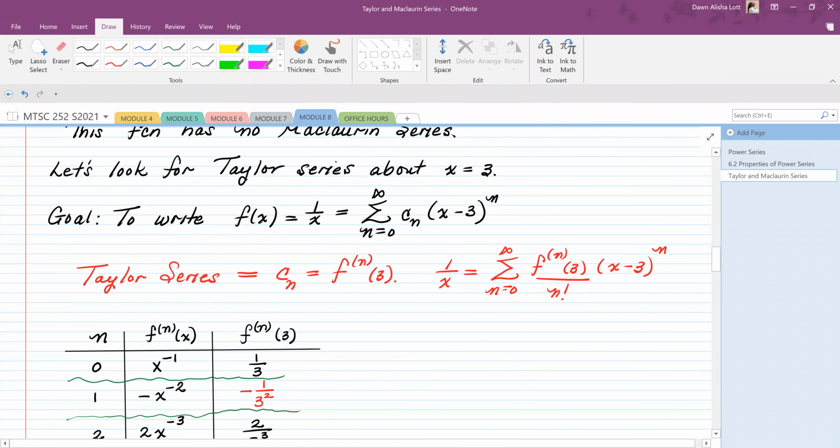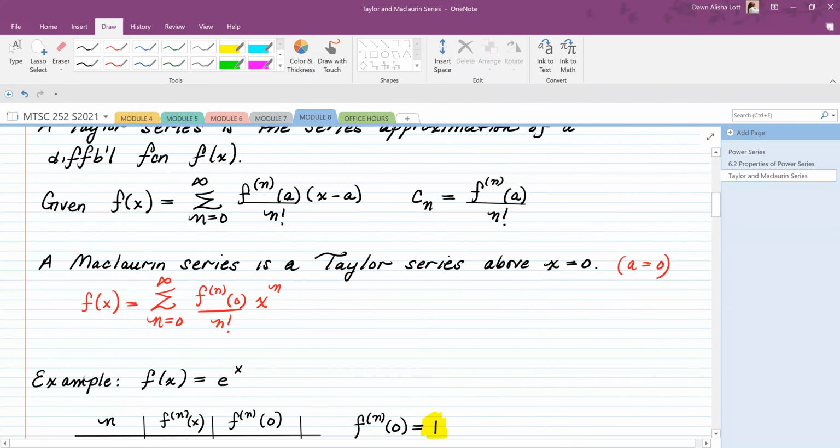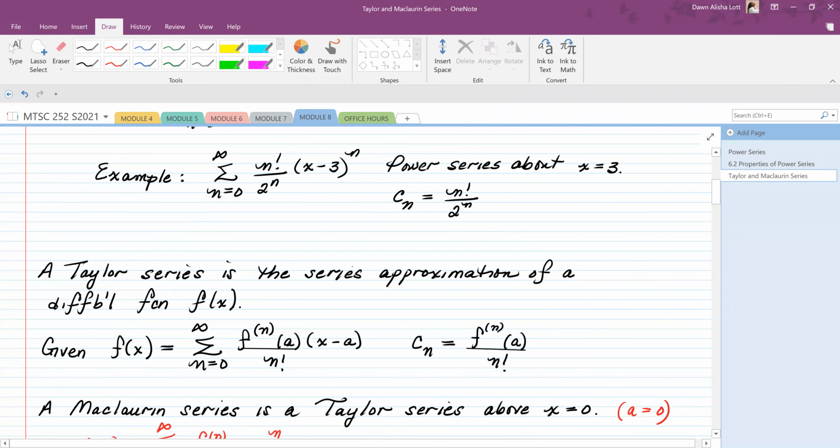Brain fog. It's got x minus a to the n, but I cannot remember. I think it's just over 3 to the n plus 1. Oh yeah, minus 1 to the n. It does alternate. Okay. So x minus 3 to the n over 3 to the n plus 1.